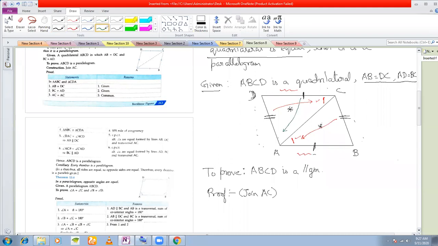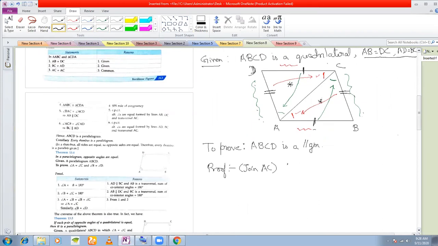Therefore, these two angles must be equal. But these two are alternate angles. Therefore, this must be parallel to this side. Is it clear? Yes, sir.